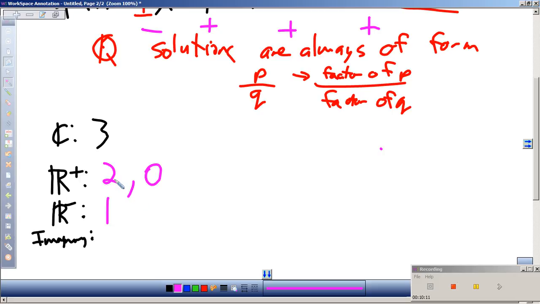If we have 2 positive real and 1 negative real, how many imaginary would we have? 0. How about if we had 3 complex, 0 positive, and 1 negative? Then we'd have to have 2 imaginary. So we either have 0 or 2 imaginary, and then 2 or 0 positive real, depending on which way we go.